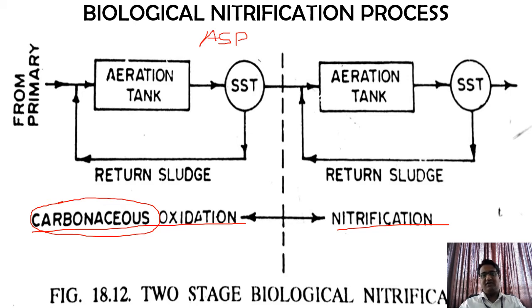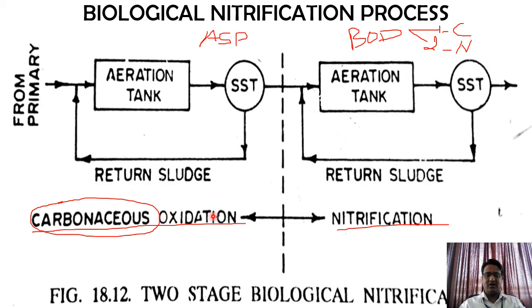Whenever we study biological oxygen demand, which you will learn in your coming semesters, BOD has two stages, first stage BOD and second stage BOD. In the first stage, it is the carbonaceous BOD that is degraded, and then it comes to the nitrogenous BOD. This entire flow chart is similar to that.